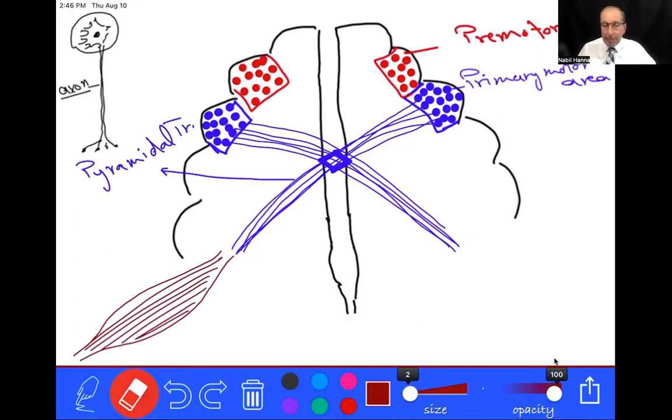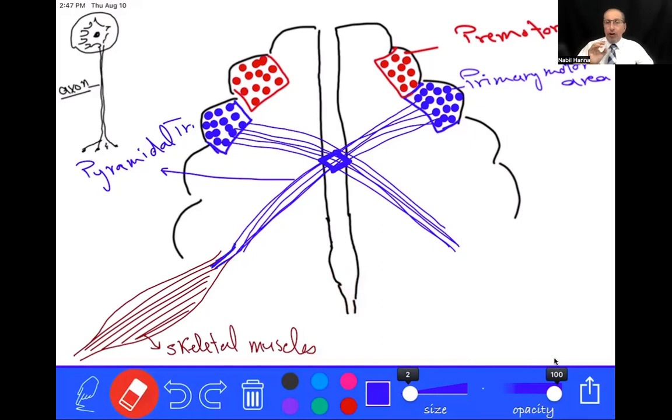Skeletal muscle is the muscle attached to bones that you move voluntarily. So this is skeletal muscle. And this area is responsible for the voluntary movements of the skeletal muscle.